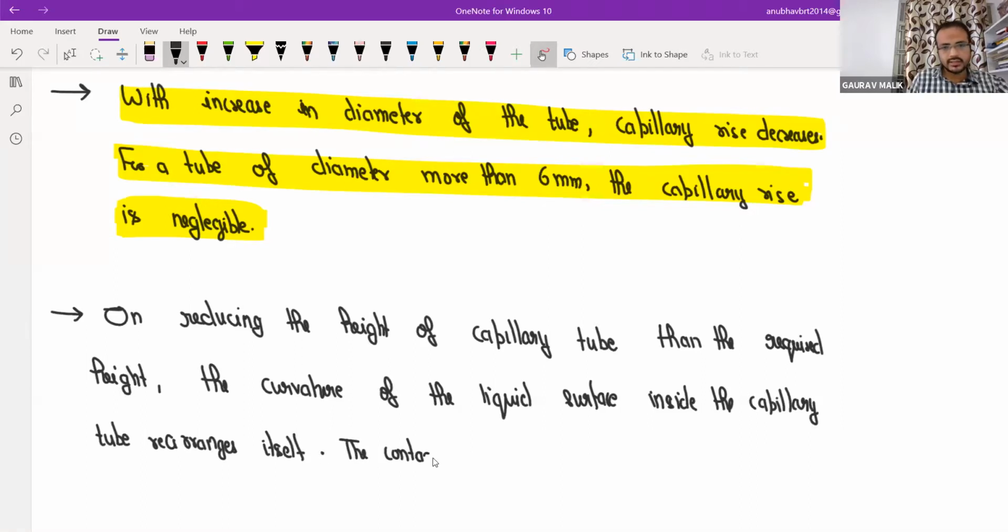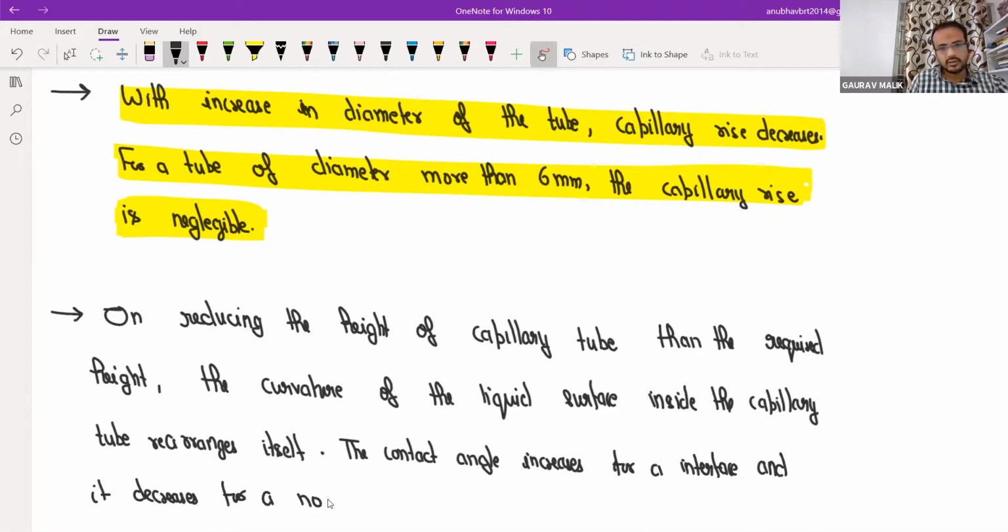The contact angle increases for a wetting interface and it decreases for a non-wetting interface.